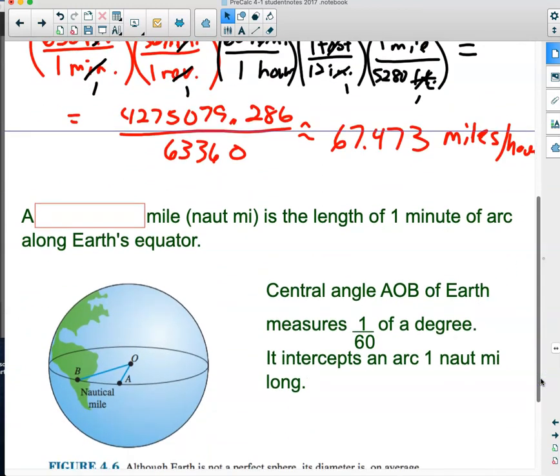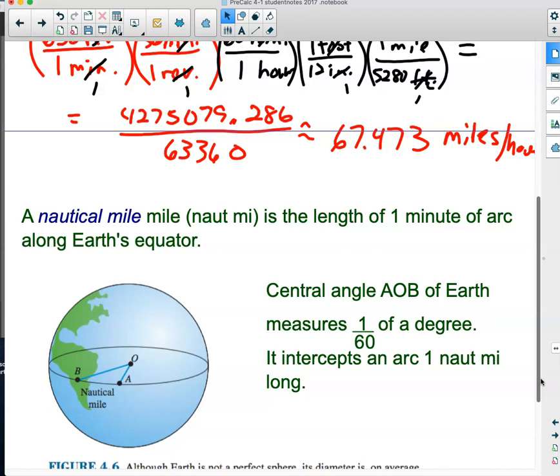Big topic here. There are actually two different kinds of miles. We've got a nautical mile, shortened to NAUTMI, which is the length of 1 minute of arc along Earth's equator. Obviously, many, many thousands of years ago, they were getting on the ocean trying to figure out how to get from one place to the other, and they were using the North Star, but they were hopeful that they could do something, like miles, so that people could understand how far they had to go, a distance.